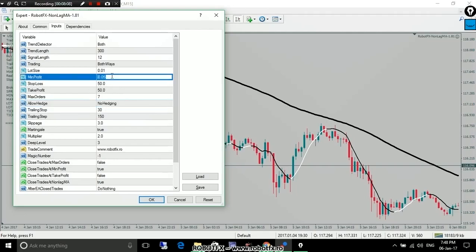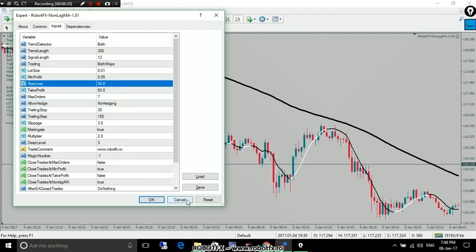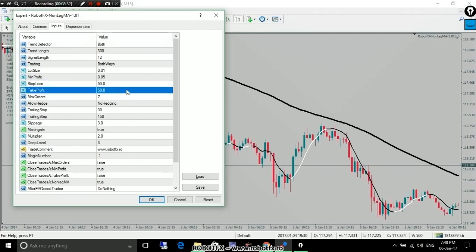So you have the option to set a minimum profit. I don't think you need it. Oh yes, you need it, even if you don't hedge. If you don't hedge, once the expert advisor opens a trade, let's say a sell for the sake of this chart, immediately after it will place the stop loss and the take profit of your choice, for ECN brokers, of course.